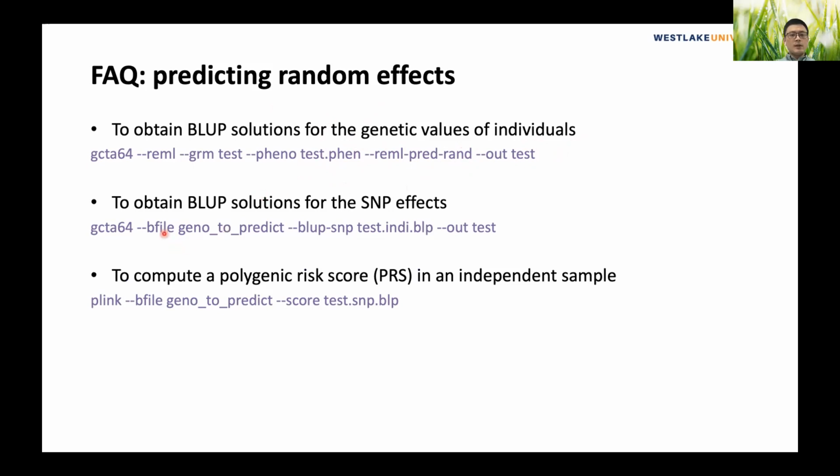We can then use this option BLUP SNP to input the genetic values of individuals and then to convert individual BLUP solutions to BLUP solutions for the SNPs. And then you can use these SNP BLUP solutions in Plink to compute a polygenic risk score, or PRS, in an independent sample. So it's essentially a sort of individual level data-based BLUP analysis.